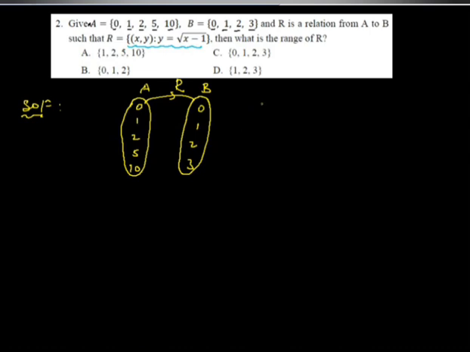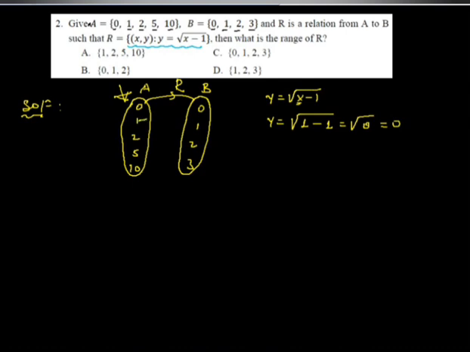So y is the square root of x minus 1, በx ቦታ የምናስገባው ከሴት A ነው። Okay, so ለምሳሌ 0ን ማስገባት አንችልም በx ቦታ because the square root of a negative number is undefined. So 0 cannot be substituted in place of x. 1ን ማስገባት እንችላለን። Whenever x is 1, y will be the square root of 1 minus 1 which is 0.